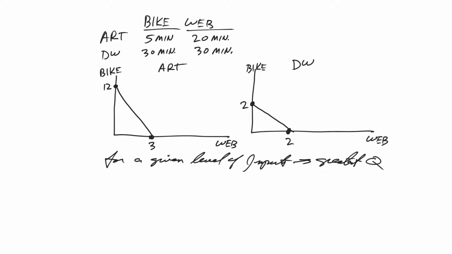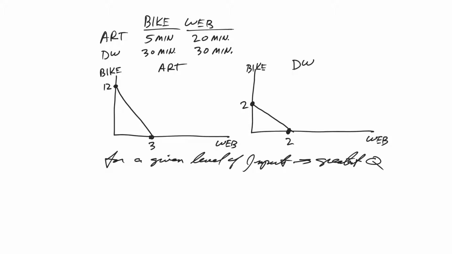Well, we have Arthur who can produce 3 and DW who can produce 2 per hour. So for a given level of input, the greatest output, again, goes to Arthur. Arthur has the absolute advantage in both bikes and web page production.